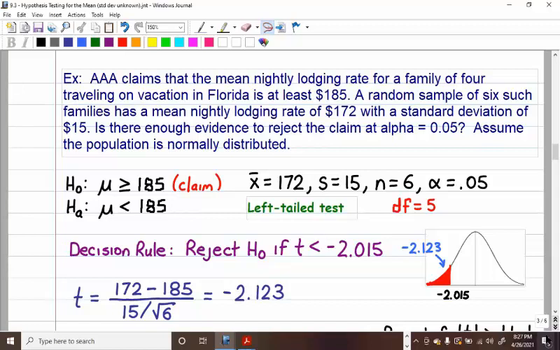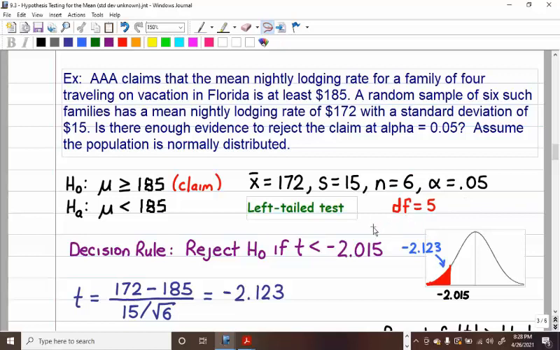Let's see. Nightly lodging for a family of 4 is at least 185. At least 185 means greater than or equal to. So it's the H-naught because it has the equal. It pairs up with less than. This will be a left-tailed test. Here's all your information. N is 6, so it'll be 5 degrees of freedom. Alpha's 0.05.